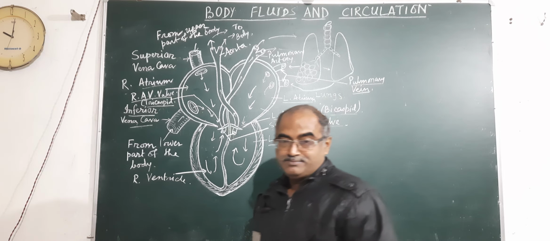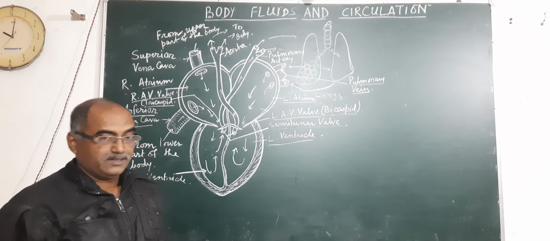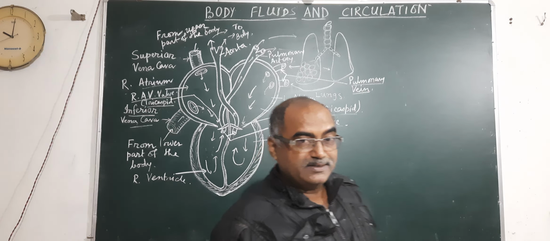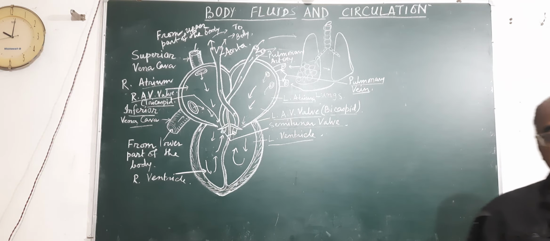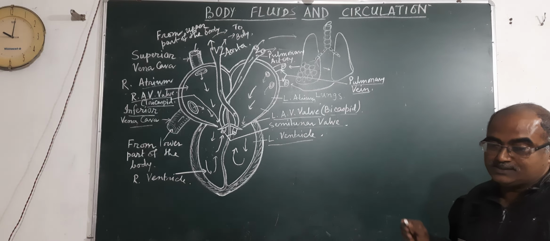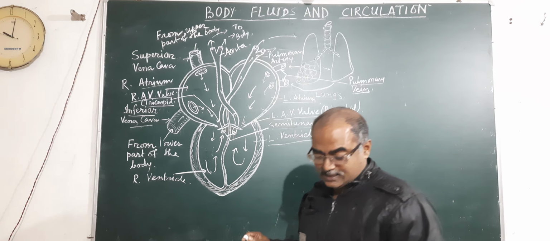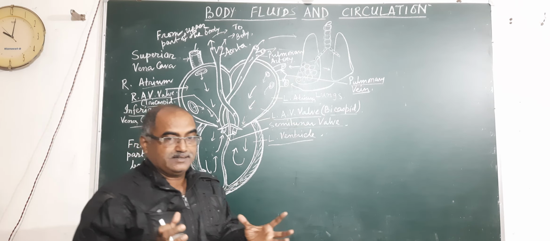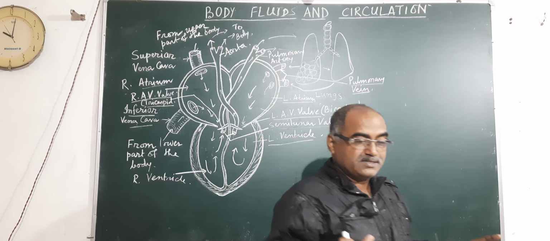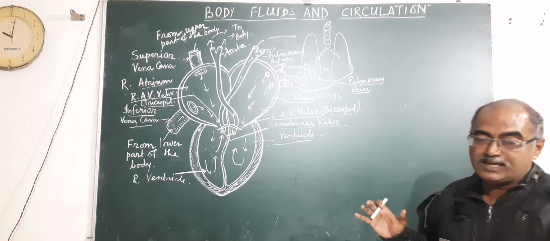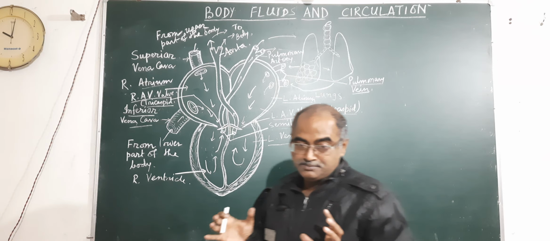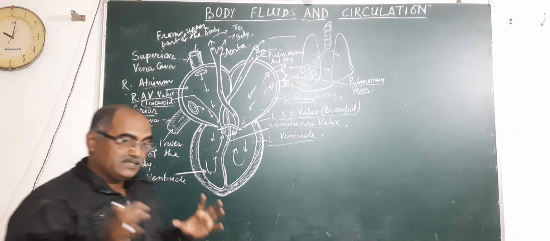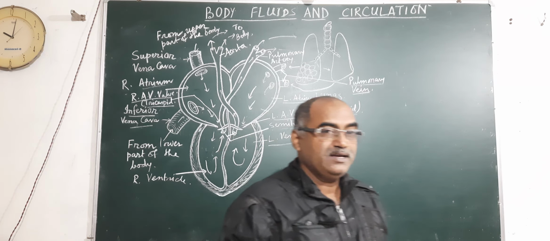About this chapter I will try to explain all the things, and probably after seeing this video you will be clear about this chapter, because so many things are there. All the things I have tried to make into a gist in a 15 to 25 minute video. You will see everything and you can try to sum up all the things. Try to see the things and note them down.